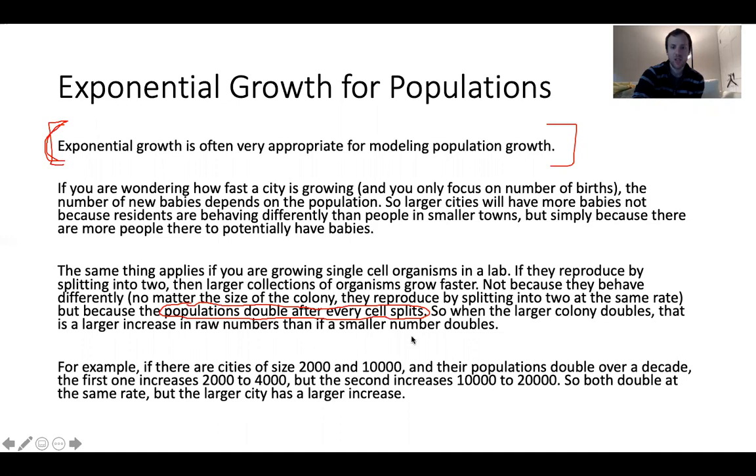Linear growth would say over a decade, no matter where you start, you're going to increase by the same amount. But for populations, that's not exactly the most natural assumption on growth. How many people you get depends on how many people you actually have. And so exponential growth is really common for populations.